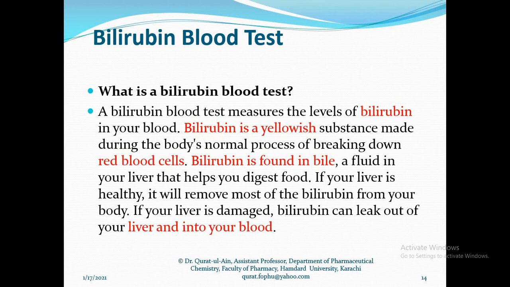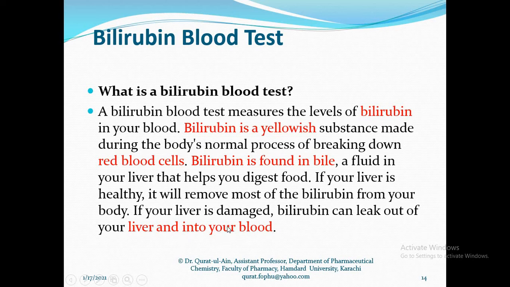When red blood cells break down in your liver, they produce bilirubin. This bilirubin mixes with the bile, which is a liver fluid, and from the bile the bilirubin is excreted into your blood.